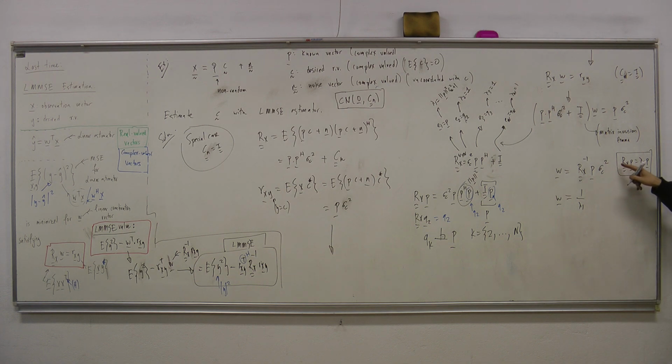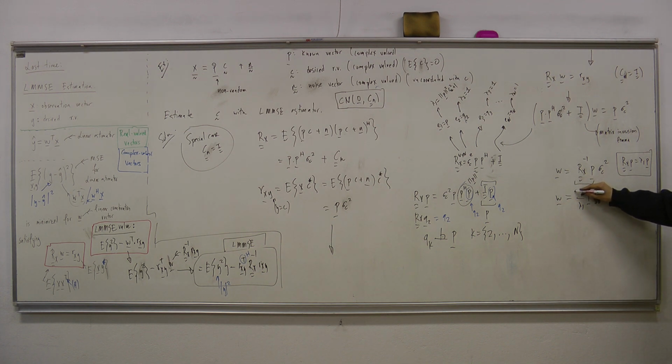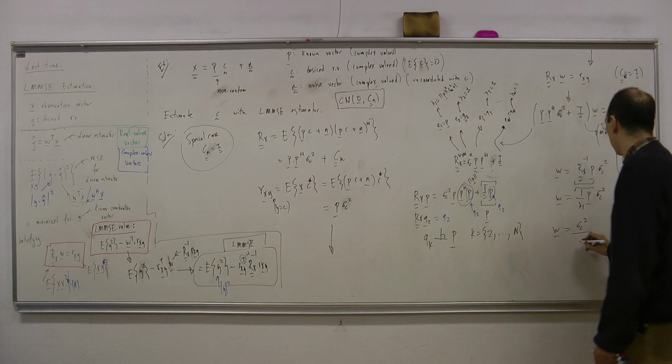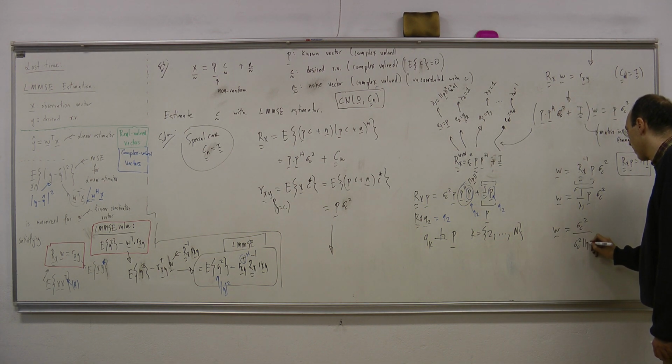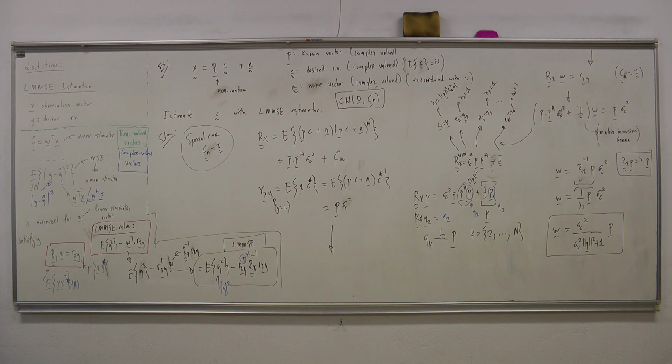So applying R inverse from the left gives 1 over lambda 1 times P, times sigma C square. So the W vector is sigma C square over lambda 1, where lambda 1 is the norm of P square plus 1, times the P vector. So this is the end of this calculation.